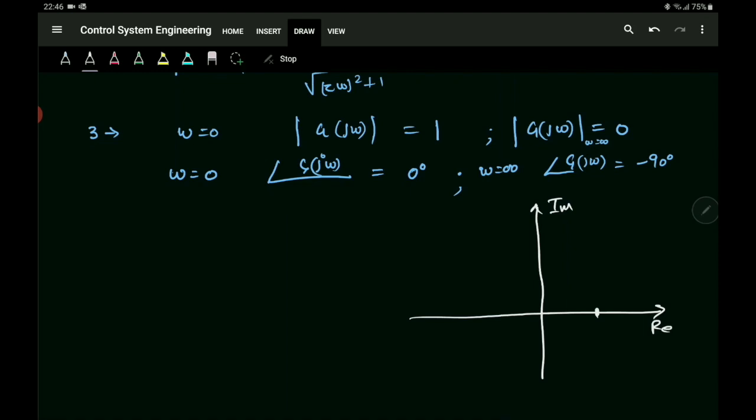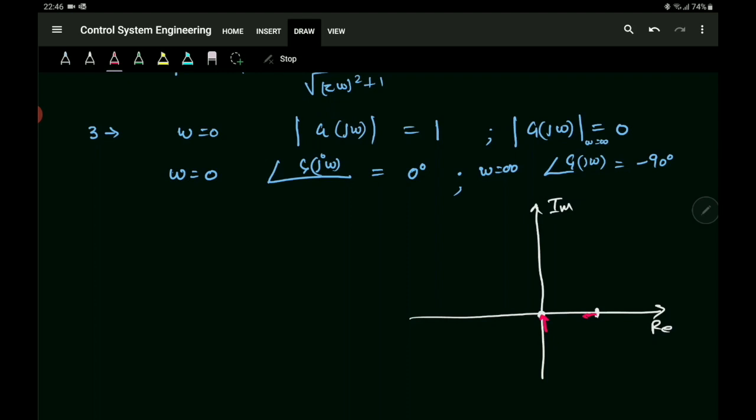The angle starts from the 0 position and ends at minus 90 degrees. So we start at a 0 degree angle and end up at minus 90 degrees.